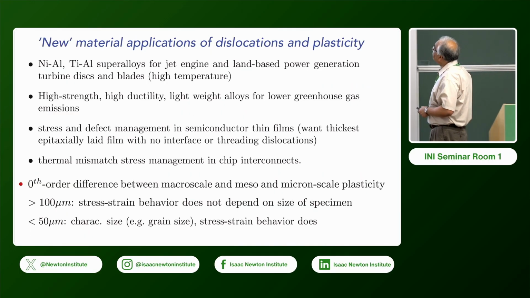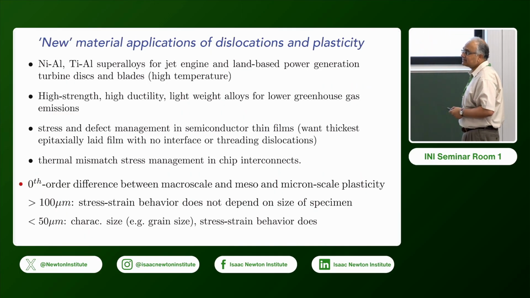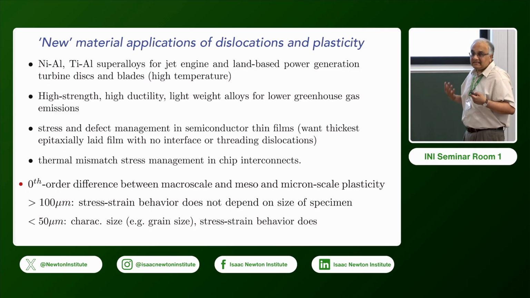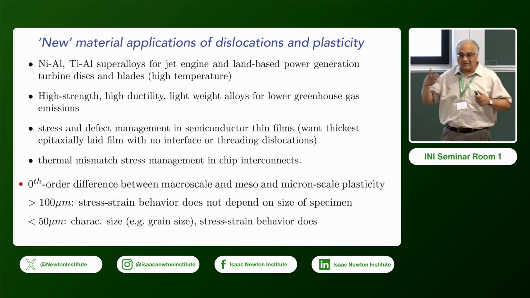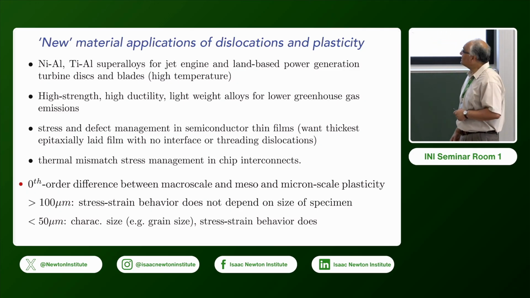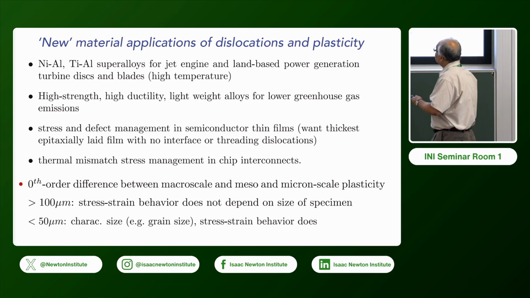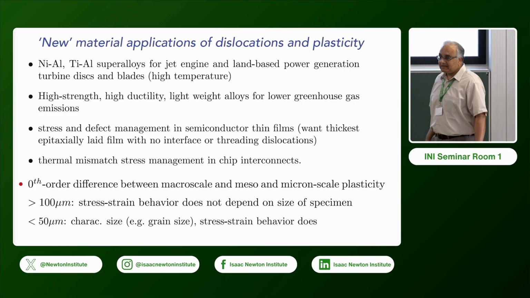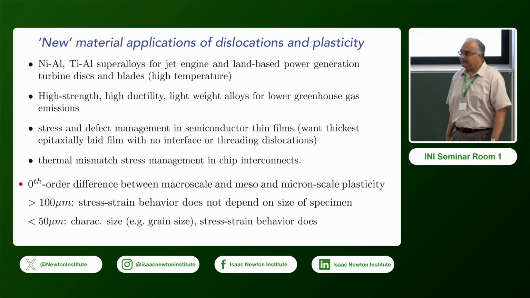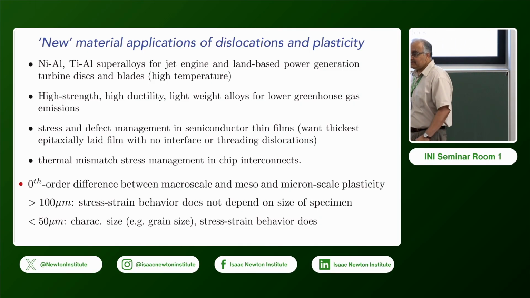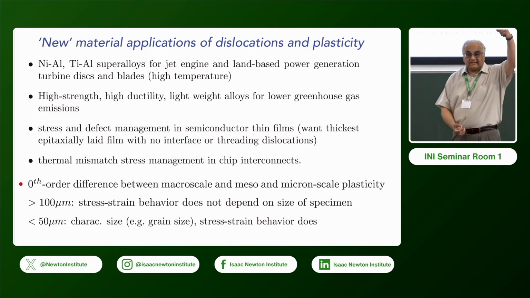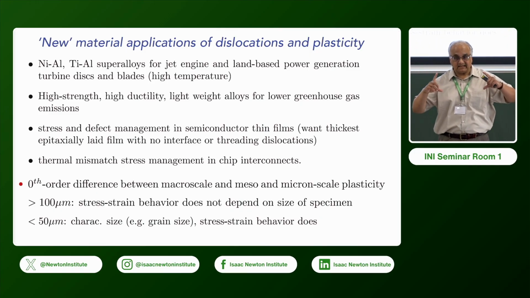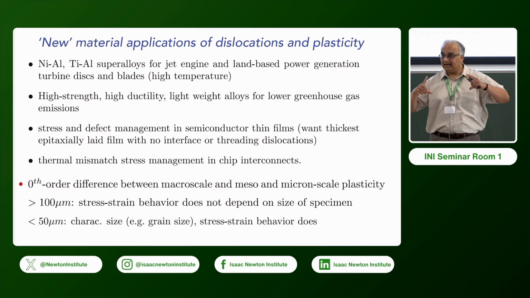Why do we care about this kind of stuff? So the topic is new materials. Plasticity is an old subject. It applies to new materials too. But for example, for whoever took a flight to get here, all your turbine engines, the jet engines, and even for power generation, you have blades that are single crystals, turbine discs are polycrystals, okay?